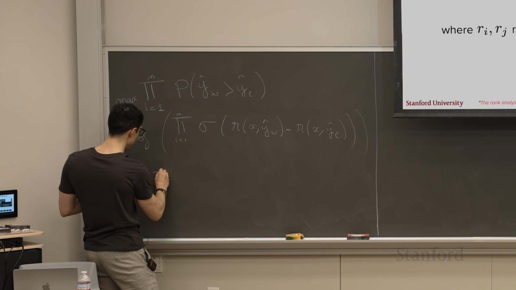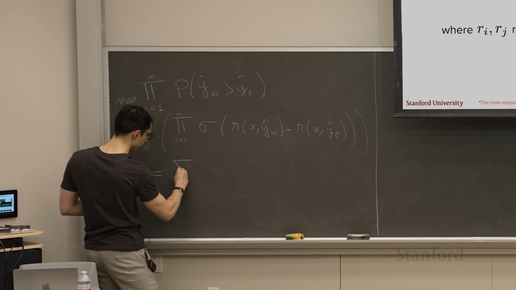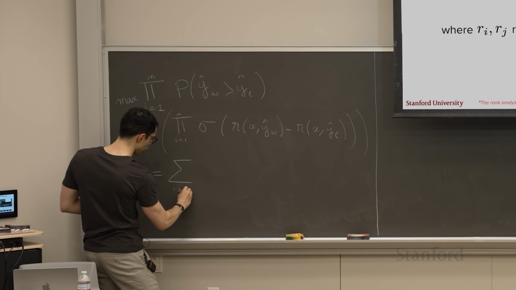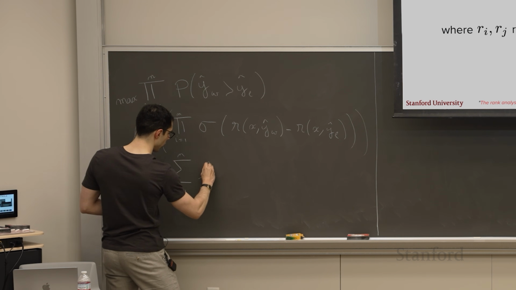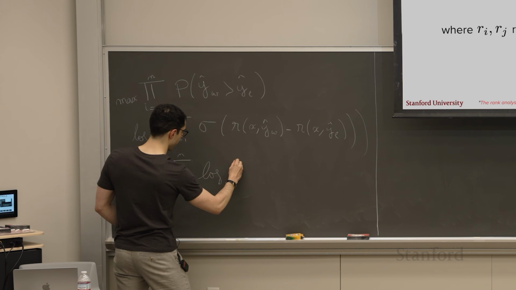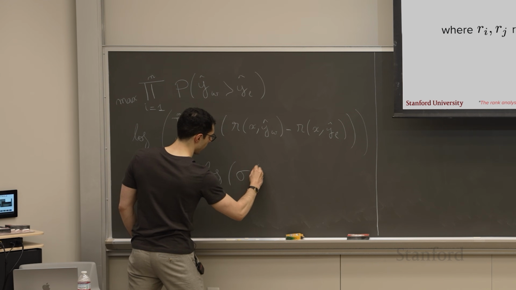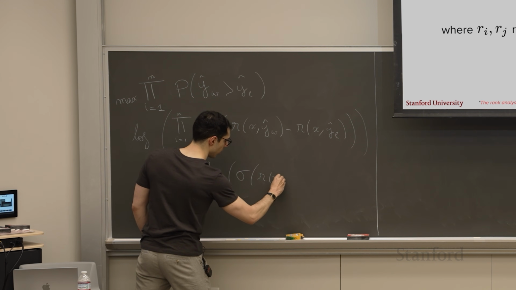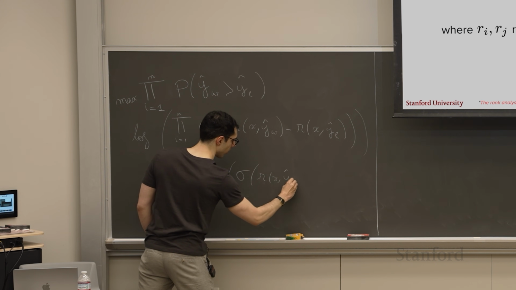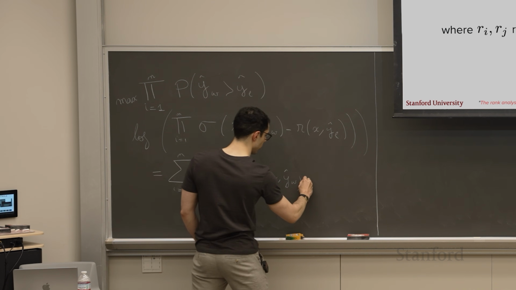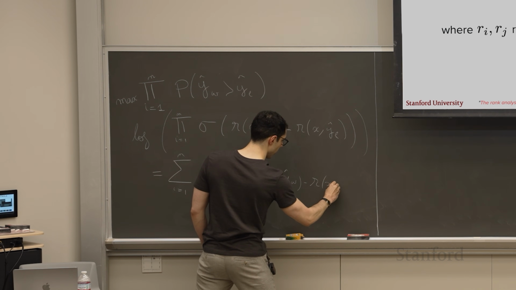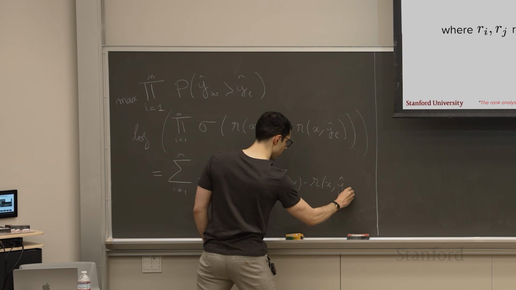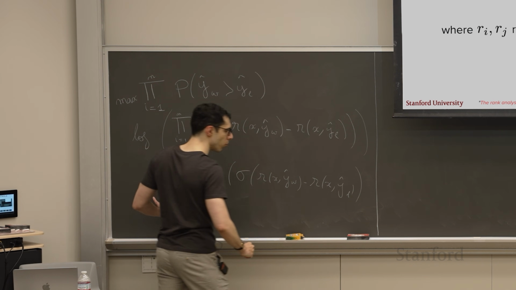So it's basically equal to the sum of the log of sigma of R of the winning minus the one from the losing. We want to maximize that.